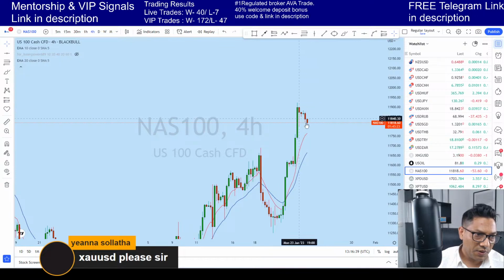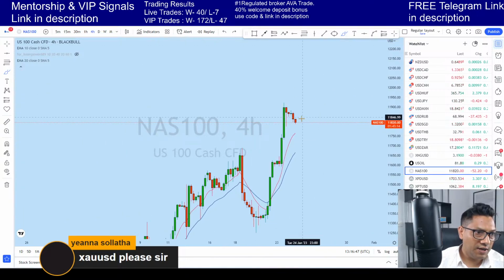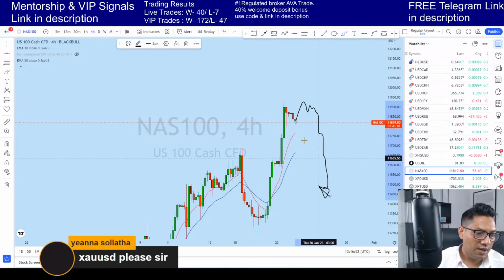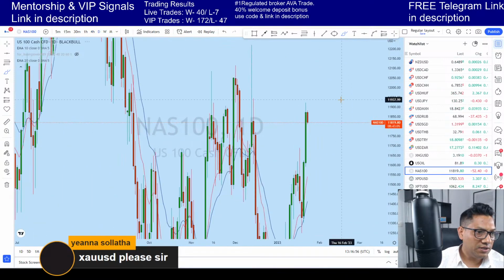You can see that now the price has retraced to this level, which is a narrower zone. What I think is that, either creating a double top or any kind of price action, we could see that NASDAQ is coming down.